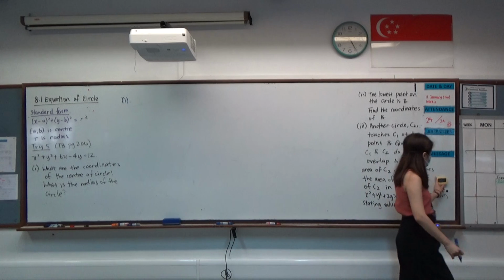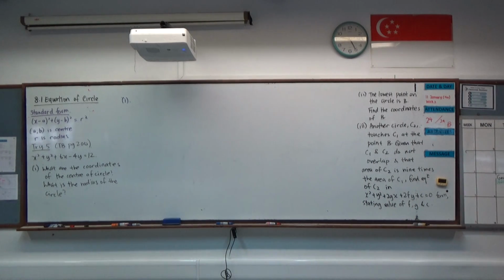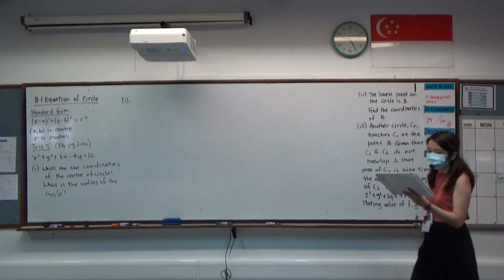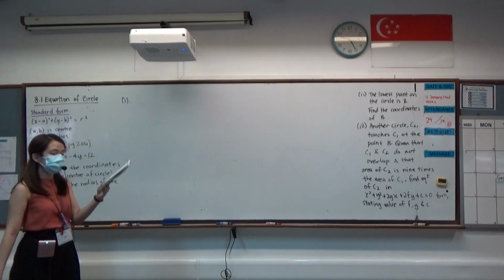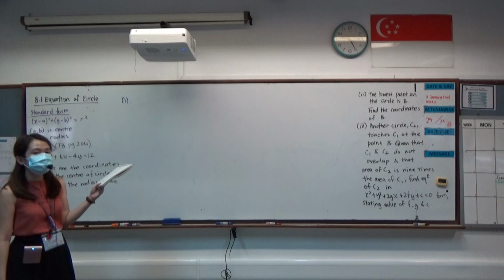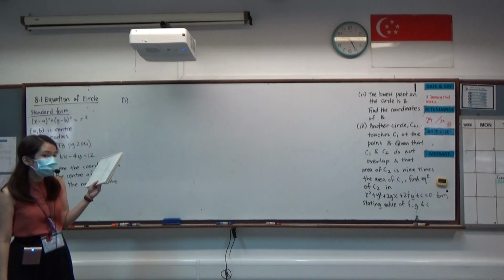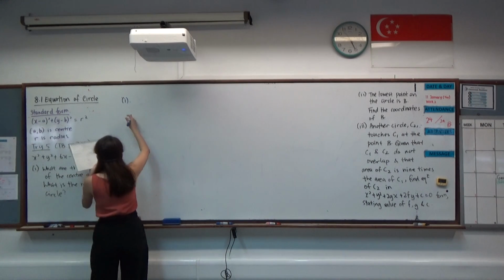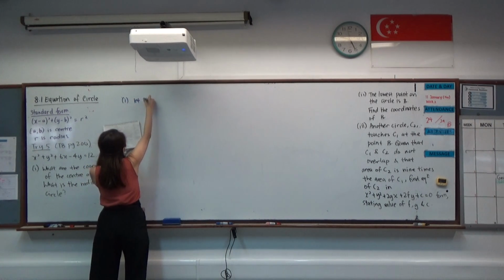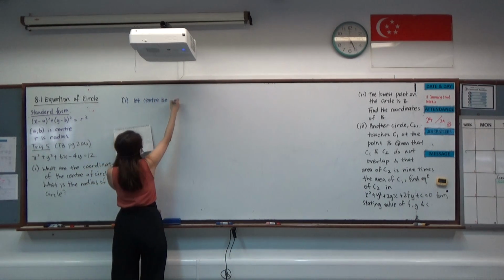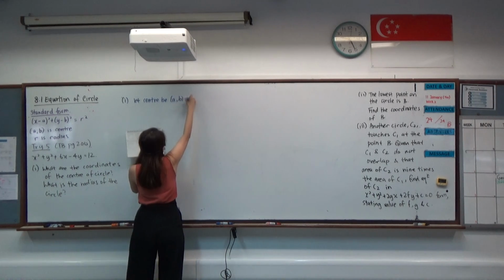Are we done? Shami, what do you get for your answer? Radius is, and center is -3, 2, right? Notice that maybe some of you don't write a very clear presentation, so please present it clearly.